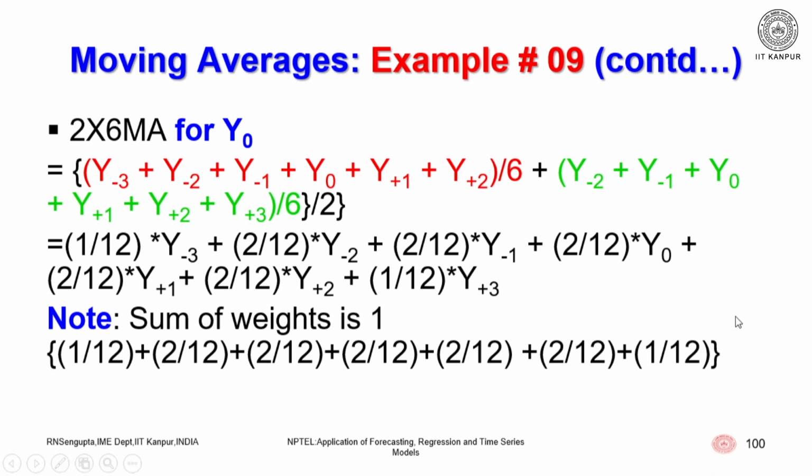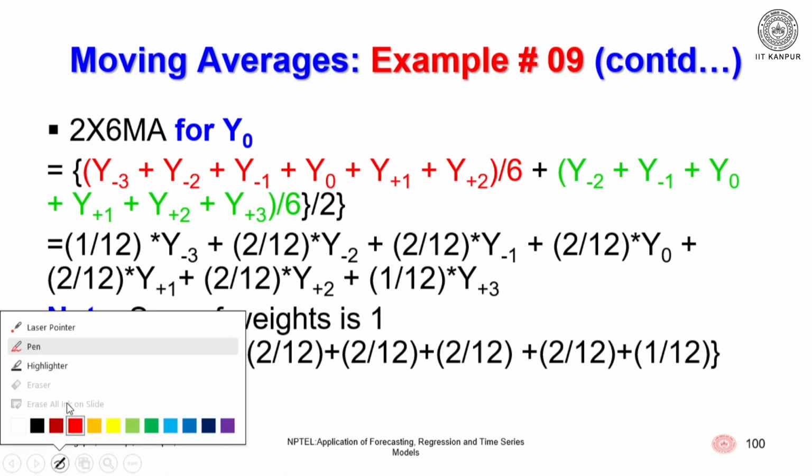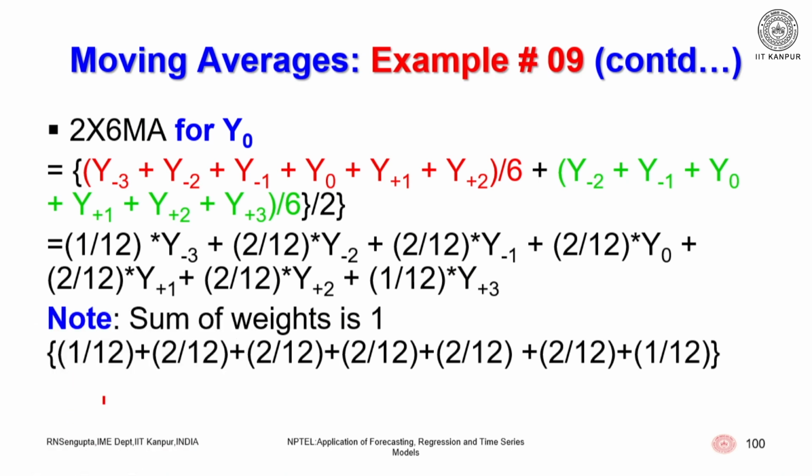Now consider the concept of 2 cross 6 month moving average. That means you are going to take a block of 6, find out the average, and then take such 2 blocks accordingly. And remember, we are trying to find out the 2 cross 6 month moving average for y naught. That is important to be noted. So, let us denote the corresponding values for the first block.